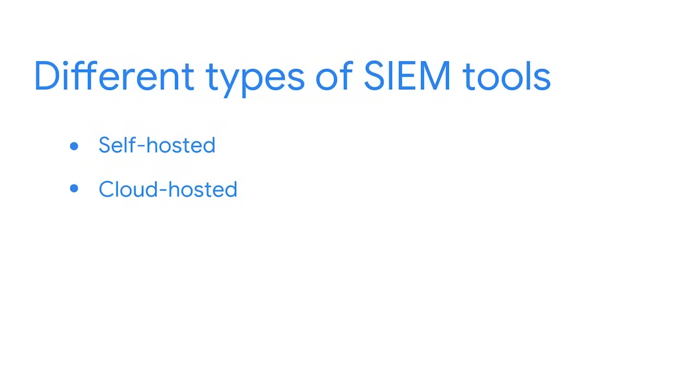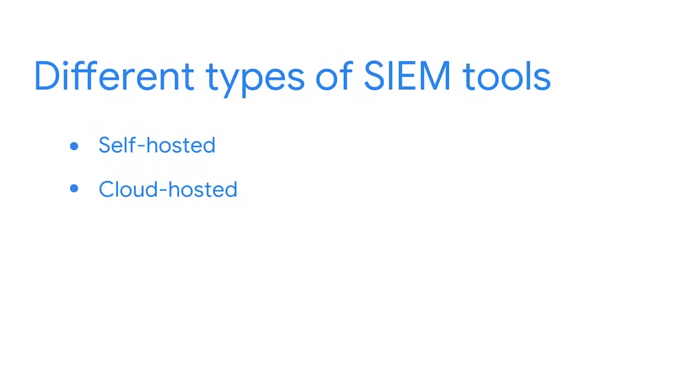Alternatively, cloud-hosted SIEM tools are maintained and managed by the SIEM providers, making them accessible through the internet. Cloud-hosted SIEM tools are ideal for organizations that don't want to invest in creating and maintaining their own infrastructure. Or an organization can choose to use a combination of both self-hosted and cloud-hosted SIEM tools, known as a hybrid solution.